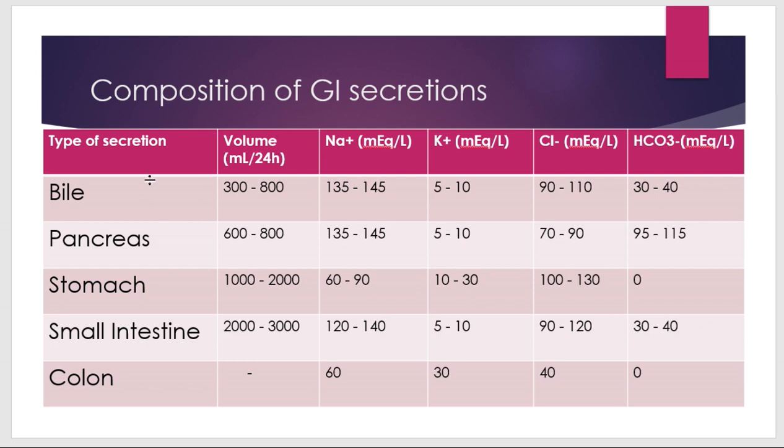If we take the first column as the heading, then this is the first column, the second, third, fourth and fifth. So 5 parameters we are taking, and there are 5 types of secretion we are comparing: bile, the secretion from the biliary apparatus; pancreatic secretion; gastric secretion; small intestinal secretion; and the colonic secretion or fluid.